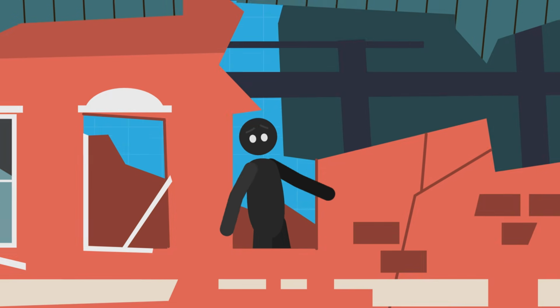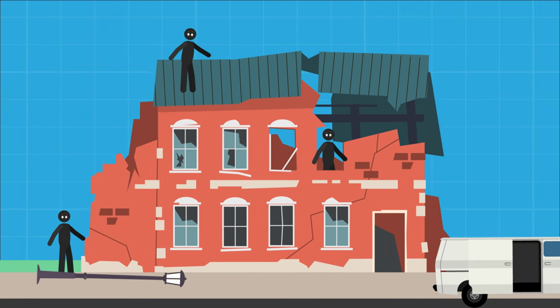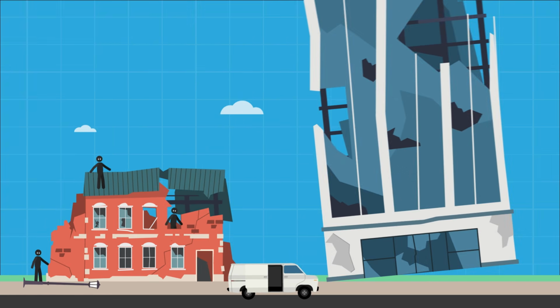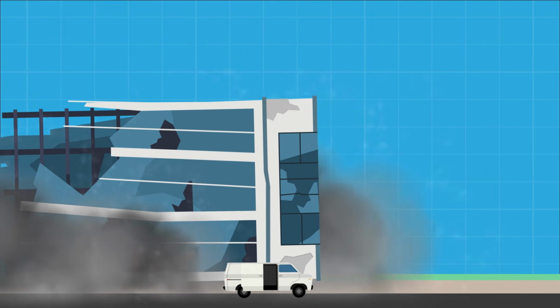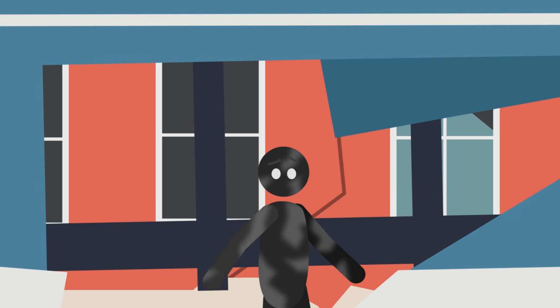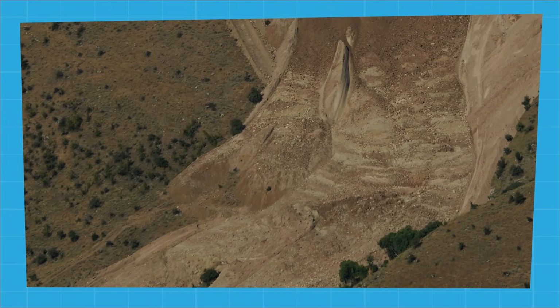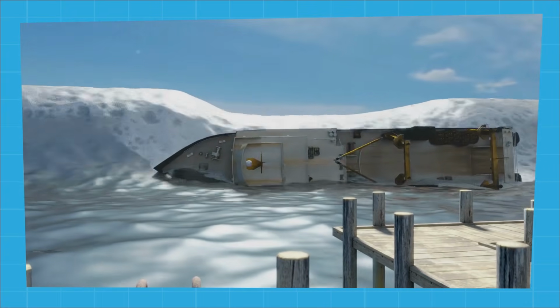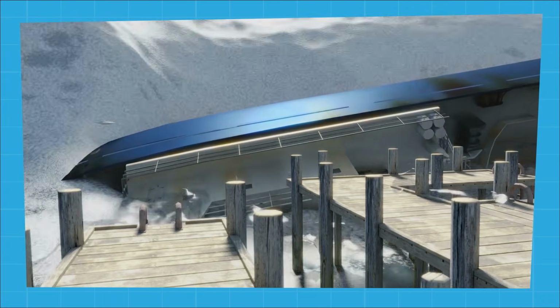Being on, inside, or around large structures when they collapse can easily injure or kill scores of people in a matter of seconds, which is why earthquakes that occur in or close to large cities can be so utterly devastating. Earthquakes can also trigger other natural hazards, such as landslides, avalanches, and tsunamis, which only add to the destruction.